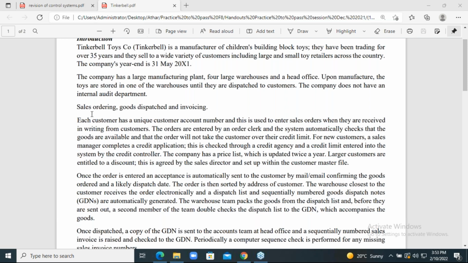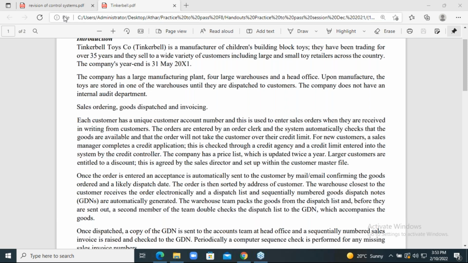Why are customers given a unique customer account number? What is the reason behind it? If you can link this information with the objective or with the risk of the sales system, then you can easily identify, not only the test of controls, but you can also, if required by the examiner, give control deficiencies.